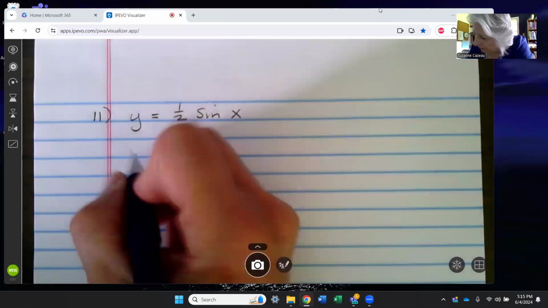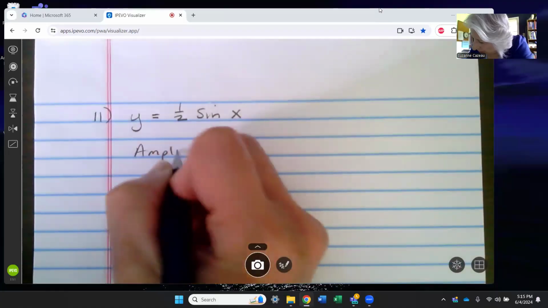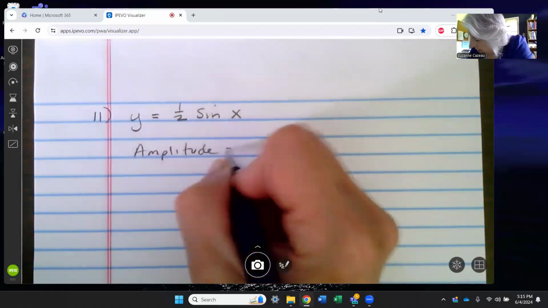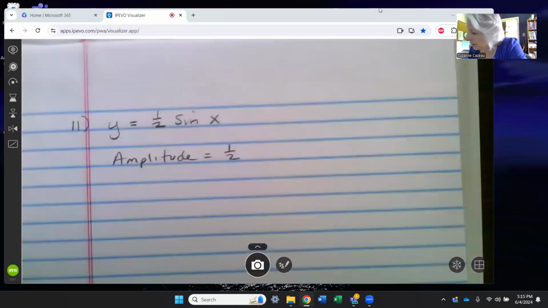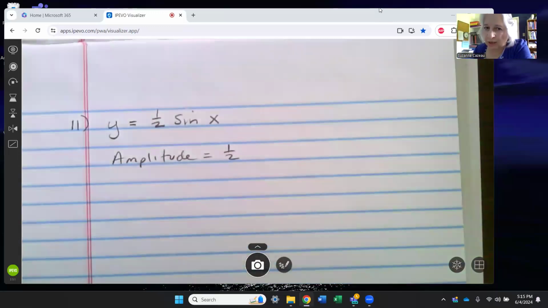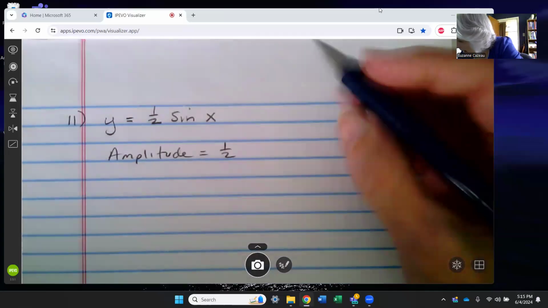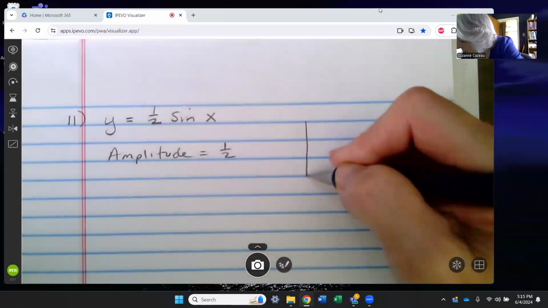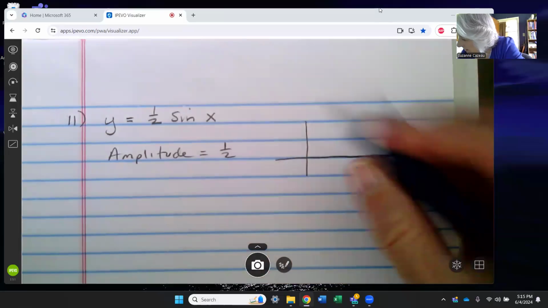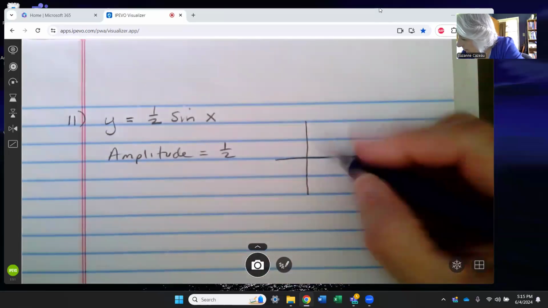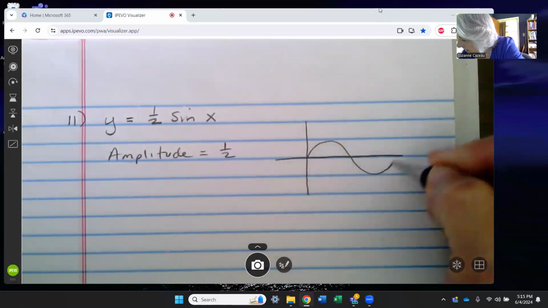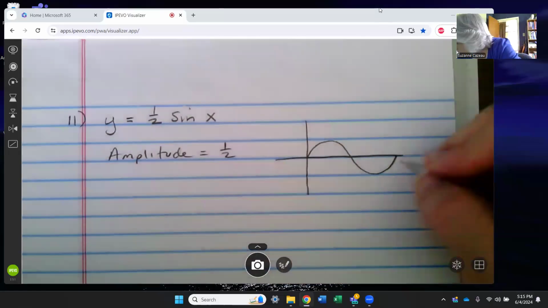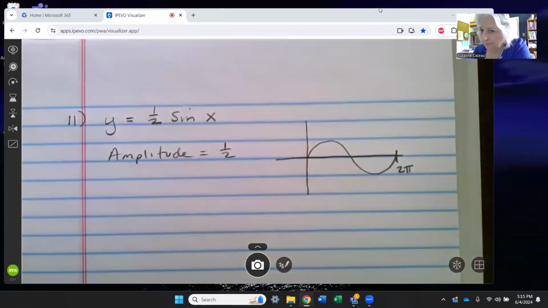Well, the amplitude is 1/2. That's it. And actually, that's the only change on the graph of sine x. You know what sine x looks like, at least I hope you do. It looks something like this, and this is 2 pi out here. The period is 2 pi.